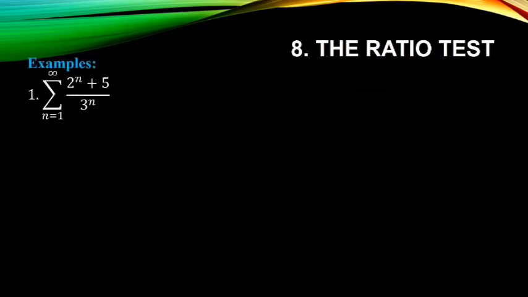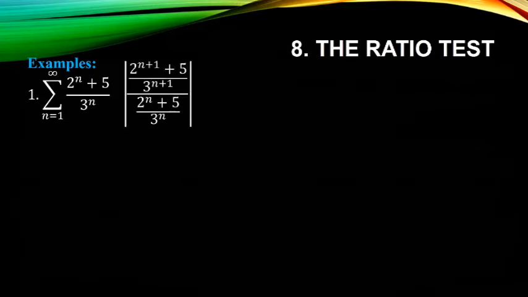So, examples. The summation of (2 raised to n plus 5) over 3 raised to n, where n is from 1 to infinity. By the ratio test, we have (2 raised to n plus 1, plus 5) over 3 raised to n plus 1, over the a sub n, which is (2 raised to n plus 5) over 3 raised to n. The denominator, 3 raised to n plus 1 over 3 raised to n, is equal to 1/3, and the numerators are 2 raised to n plus 1 plus 5 over 2 raised to n plus 5.